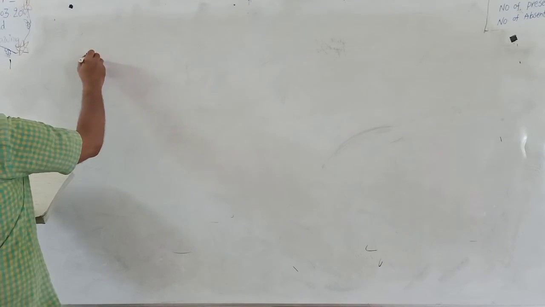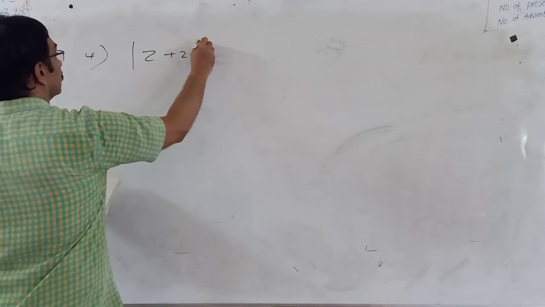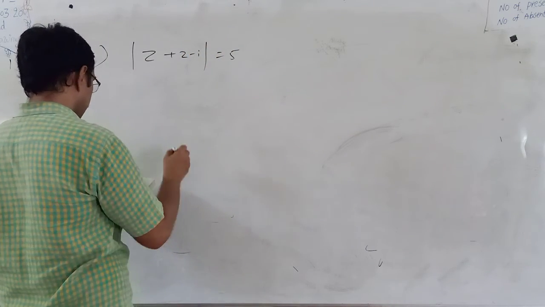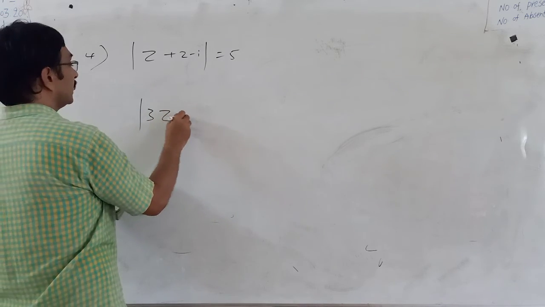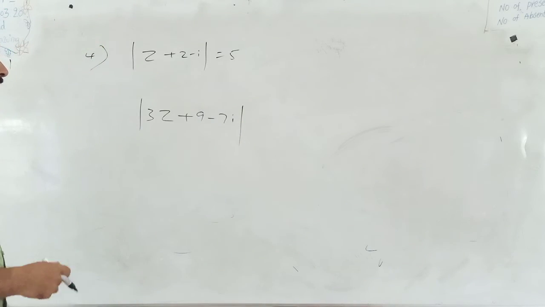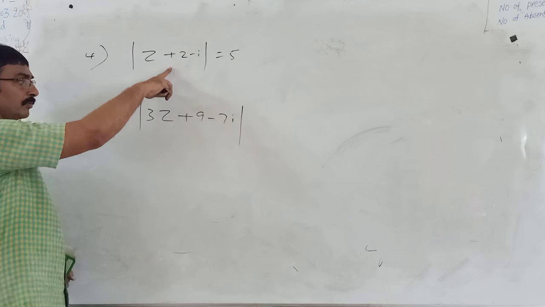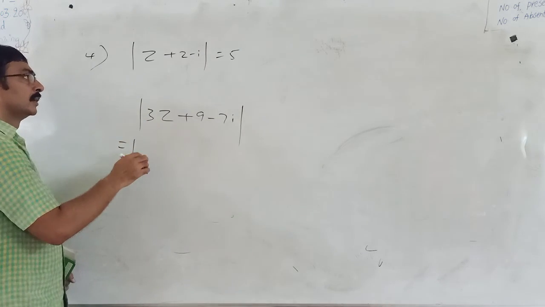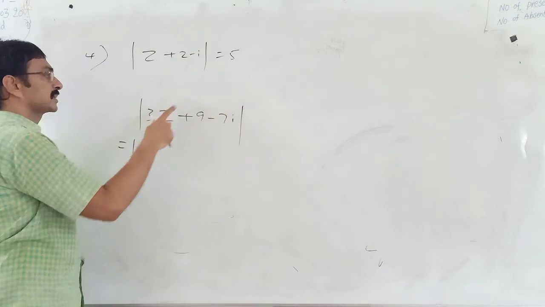See the fourth problem. If modulus of z plus 2 minus i equals 5, then find the maximum value of modulus of 3z plus 9 minus 7i. So by using this one, we have to find the maximum value of this. The given one contains z plus 2 minus i.